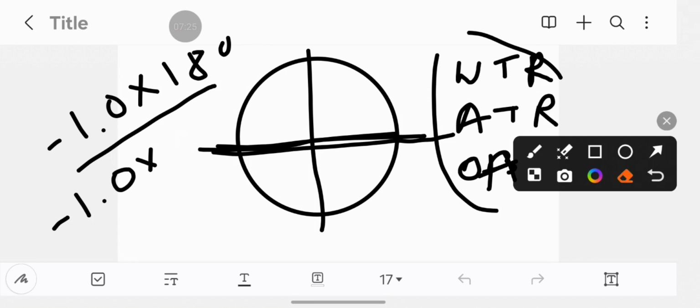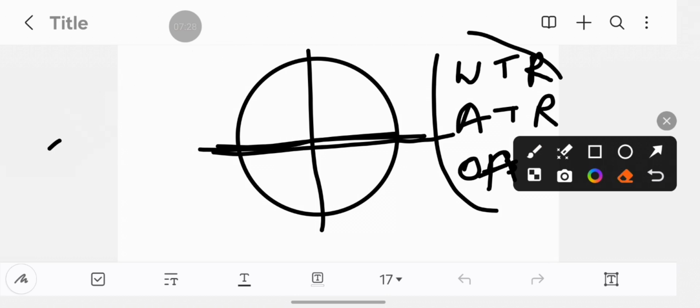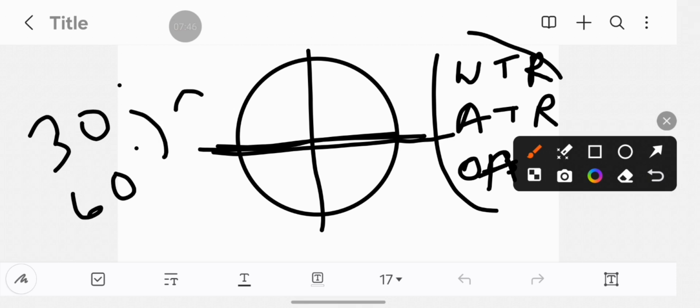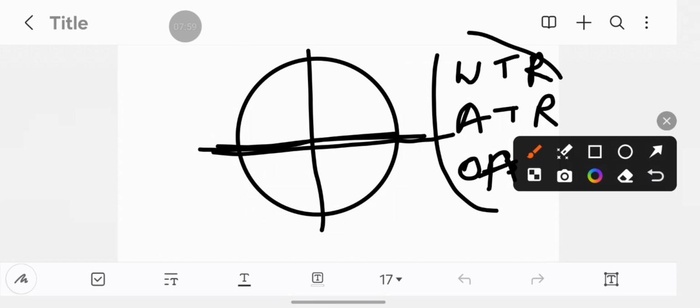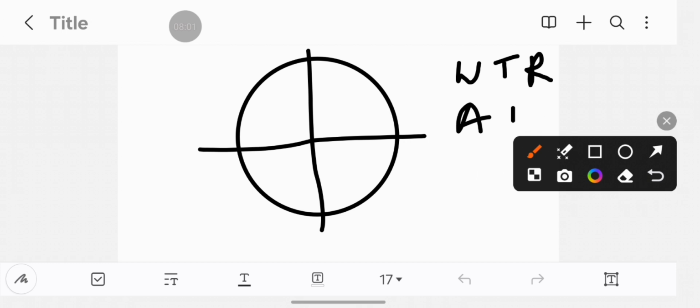Now let's talk about oblique astigmatism. In oblique astigmatism, you get axes like 30 degrees and 60 degrees, where their addition will be 90 degrees, or 30 degrees and 150 degrees, where the addition will be 180 degrees, but they are not perpendicular. This is oblique astigmatism.